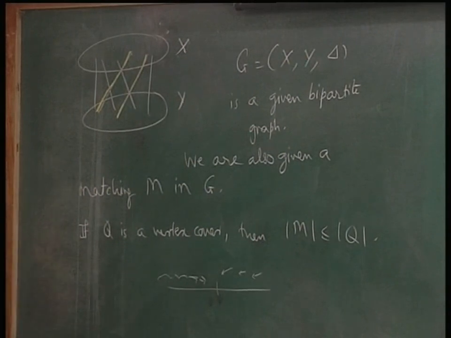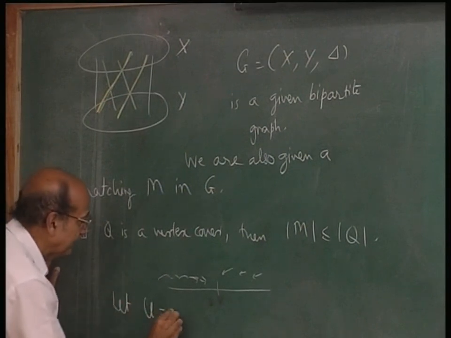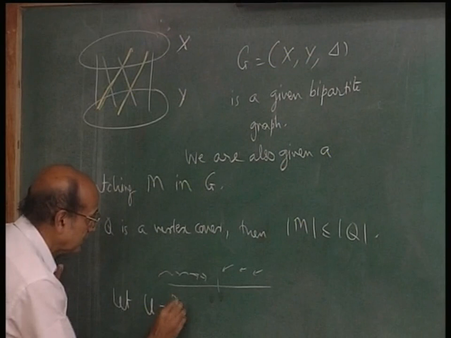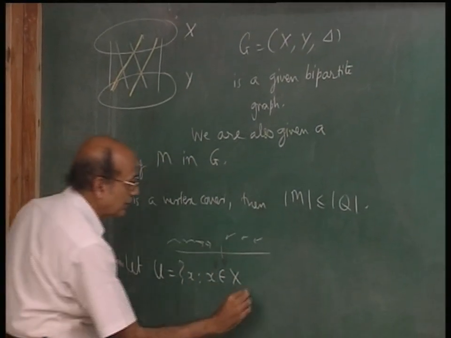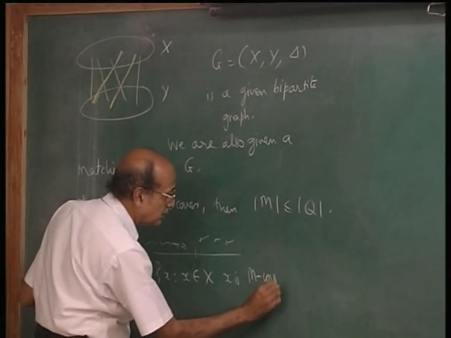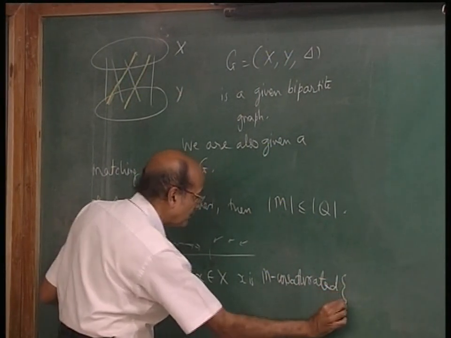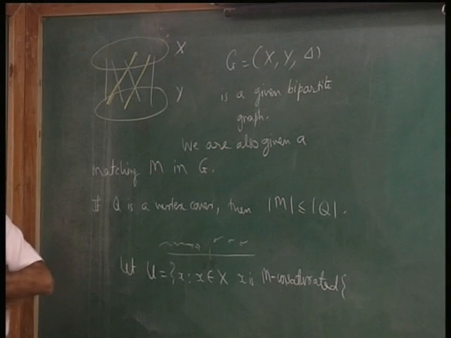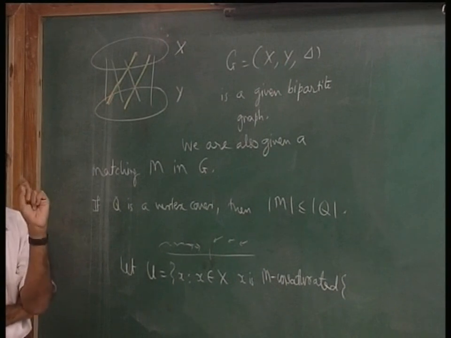Okay, so let U be the set of vertices in X that are M unsaturated. The augmenting path that we want to start, recall the definition of an augmenting path.